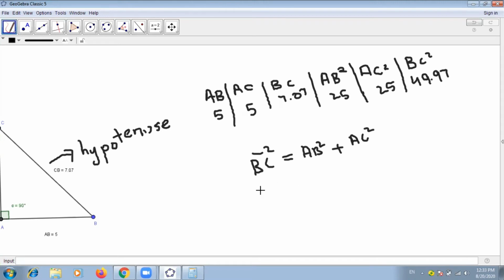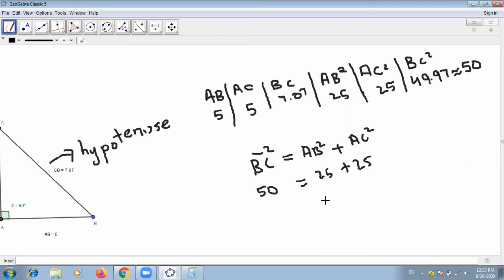BC square, 49.97, is almost 50, so I can write 50 here. This is almost equal to 50 because I used the decimal value. That's why it's saying 49.97. And the sum of the squares of these two sides is 25 plus 25.